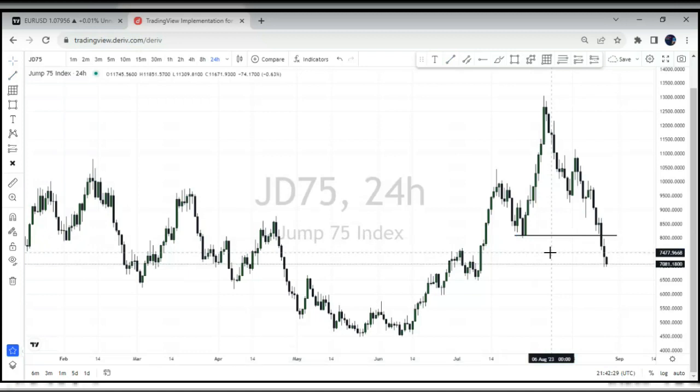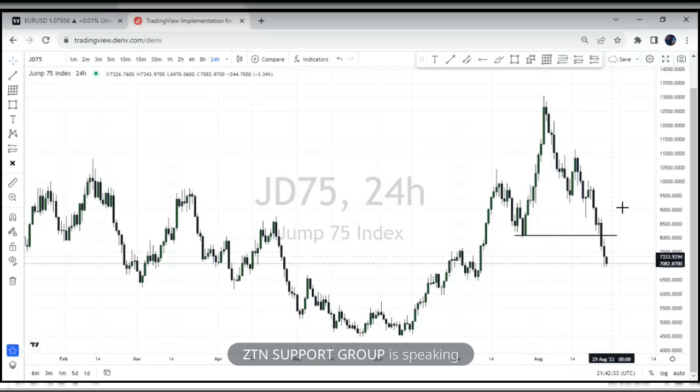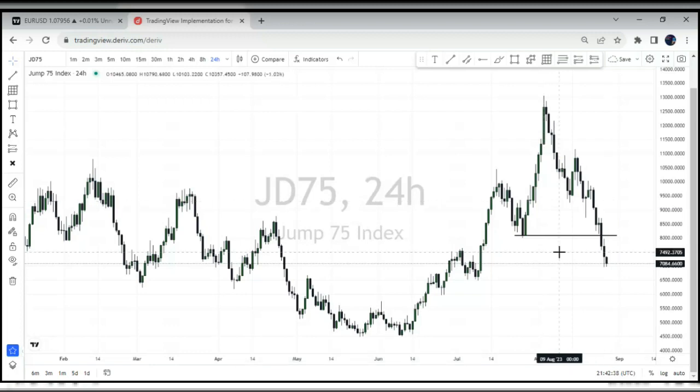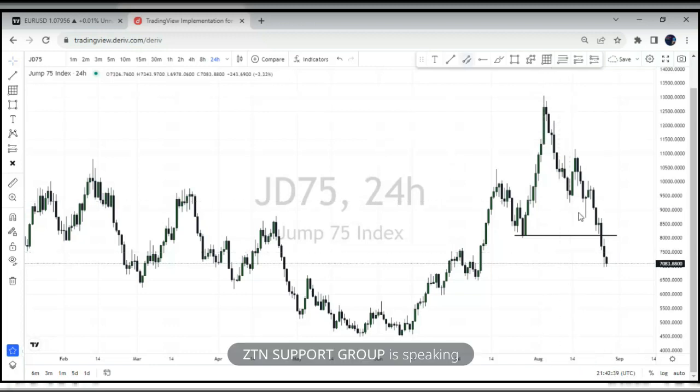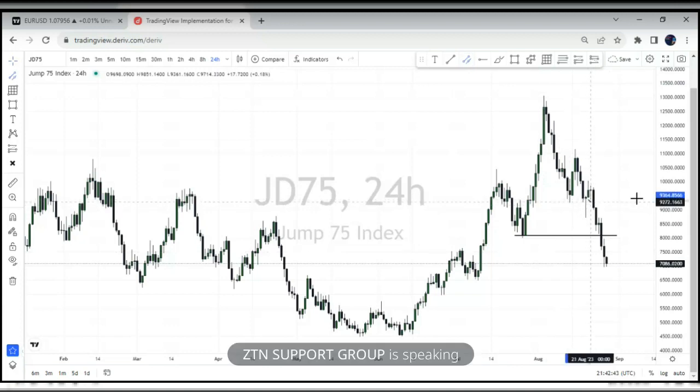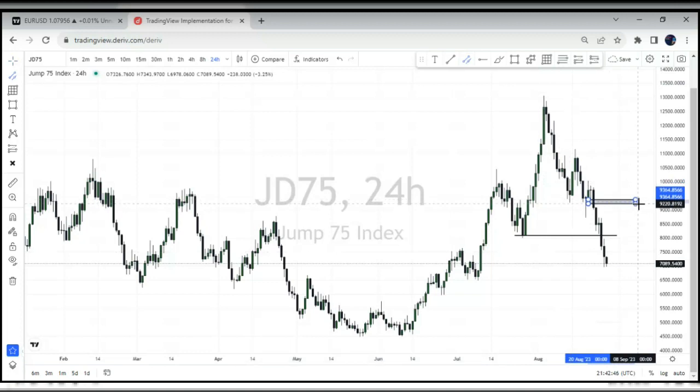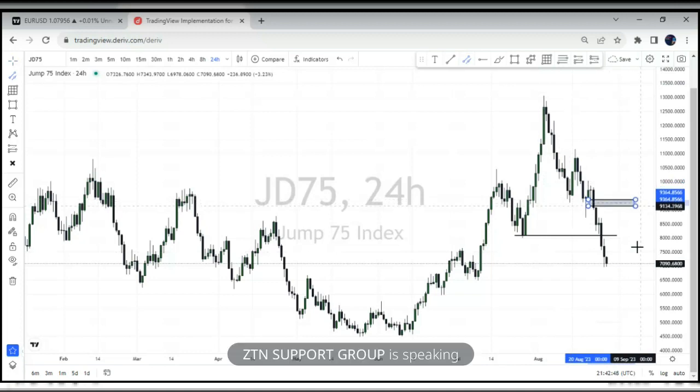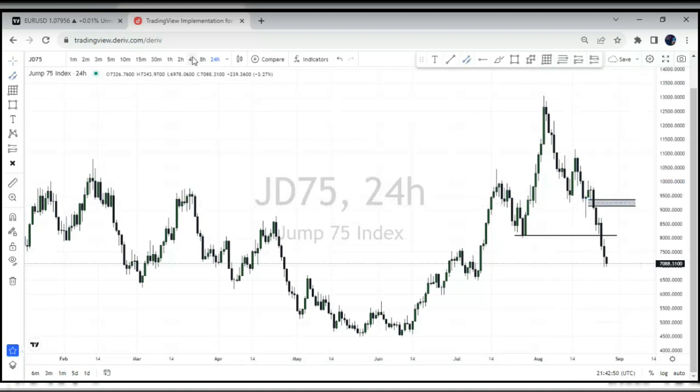And I don't expect price to retrace all the way back here. So I would be looking at most likely this IPA. Let's continue, let's check the hours.